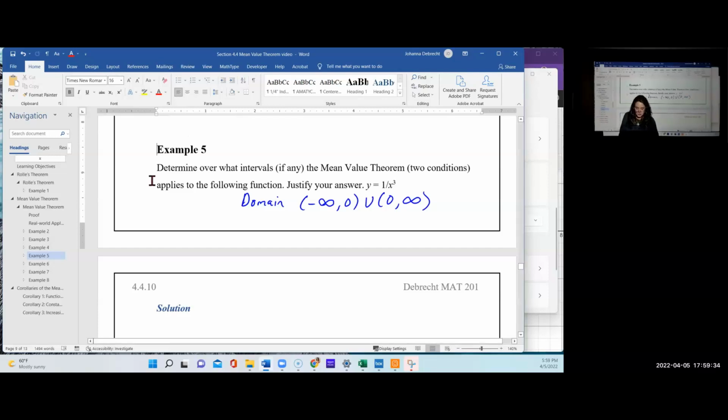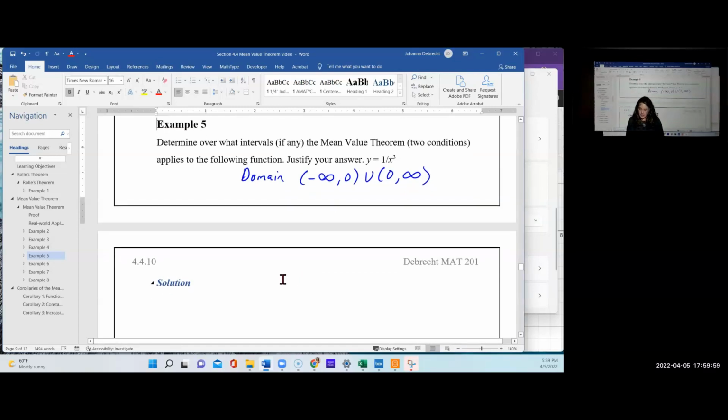Now what we're going to do is determine the conditions where it does meet the mean value theorem. When we look at 1 over x cubed, it is defined and continuous over the interval from negative infinity to 0, and again from 0 to infinity. However, it needs to be a closed interval. So we're going to let a be some value that is slightly smaller than 0.